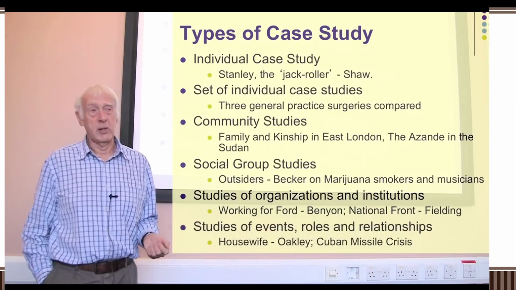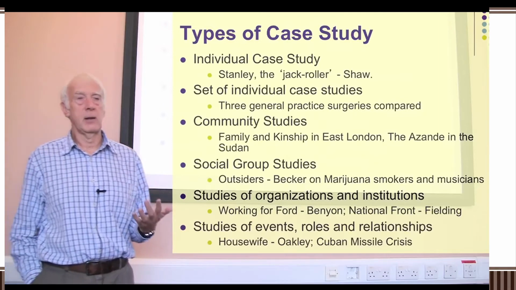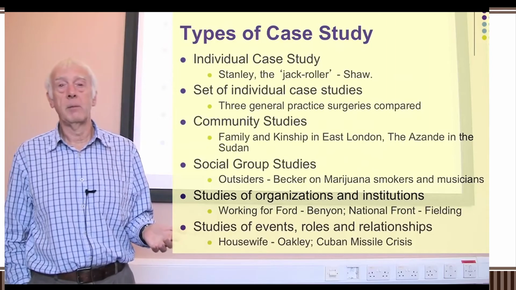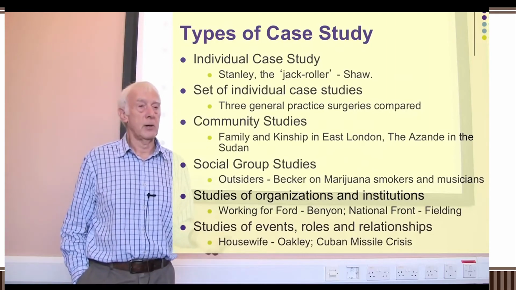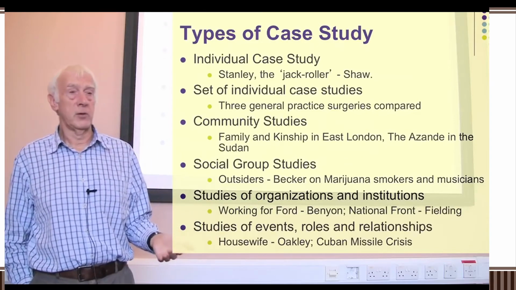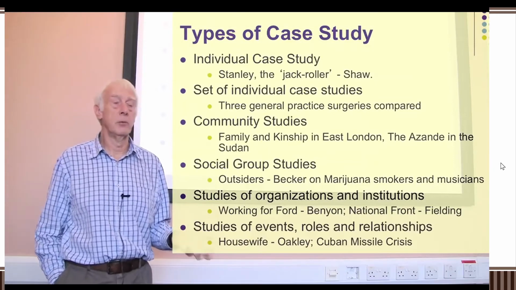The Cuban Missile Crisis, there have been lots of studies of this, but another big event, in this case one single thing. There was a lot in the media recently about this because it was an anniversary a week or so ago of the crisis itself, when the Soviet Union positioned some nuclear weapons in Cuba, and the Americans got very upset about that and wanted them to withdraw them.